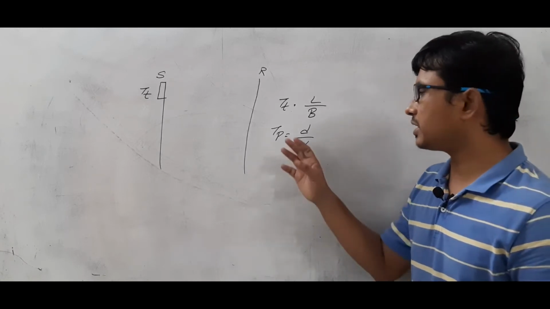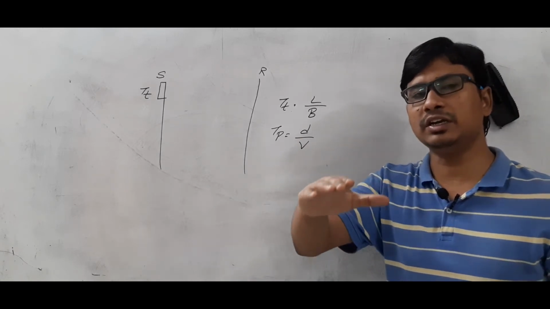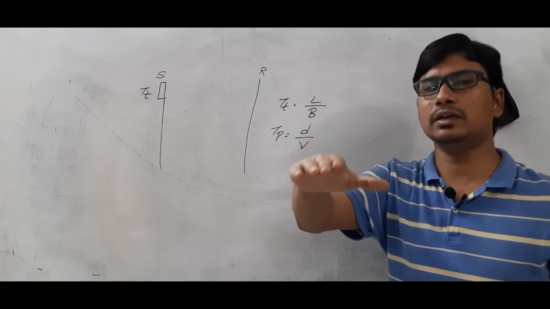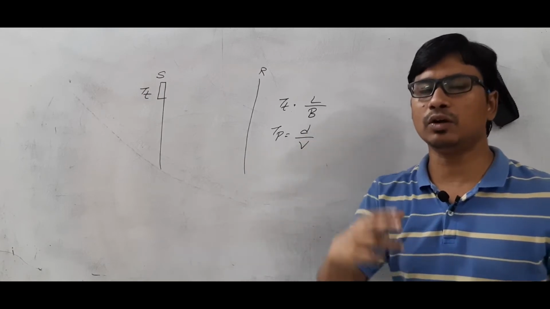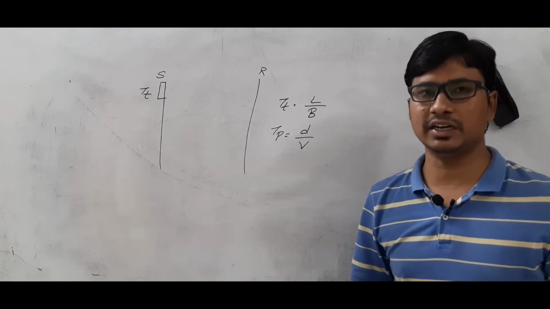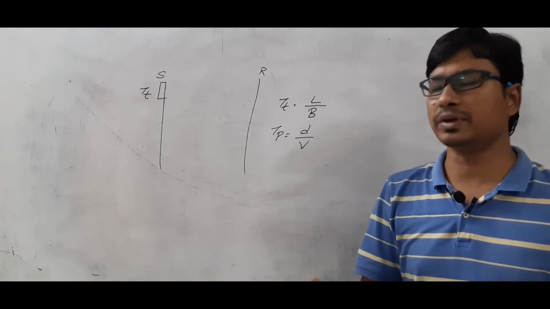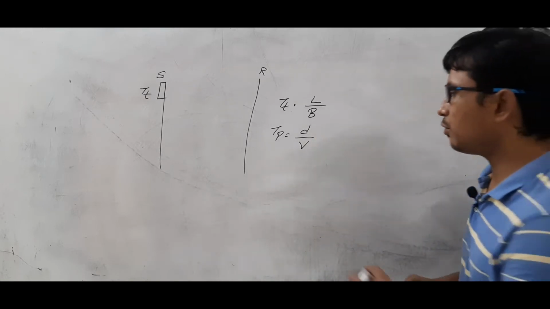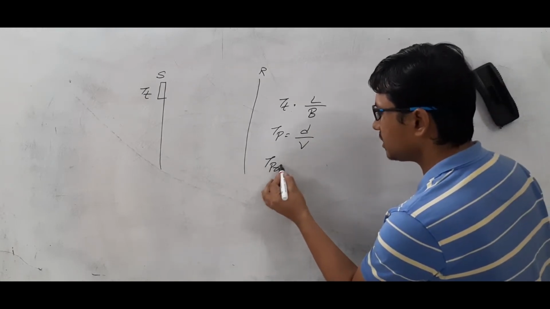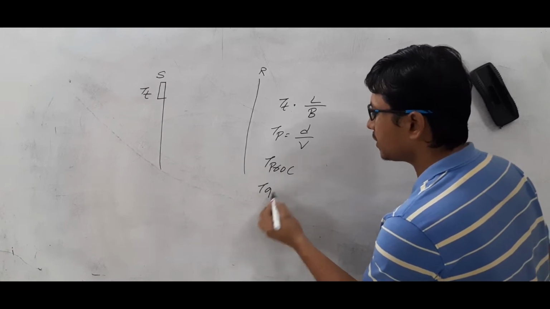What is this propagation delay? It is how much time it takes for the packet to traverse from the sender to the receiver. It depends on the distance between the sender and receiver and also the propagation speed, so that is D by V. And we have a processing delay and a queuing delay.